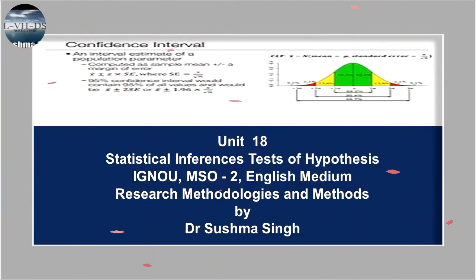Now let us conclude the unit. This unit has provided you with a range of ways to draw inferences. There are a good number of examples given for you to try and prepare your own examples.